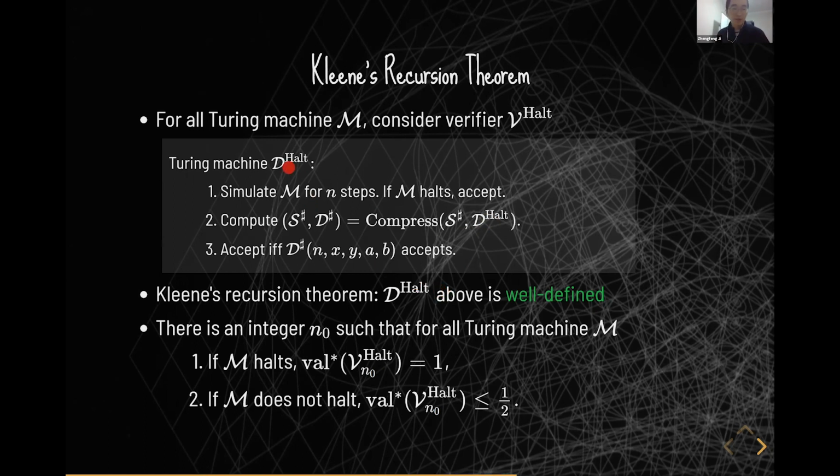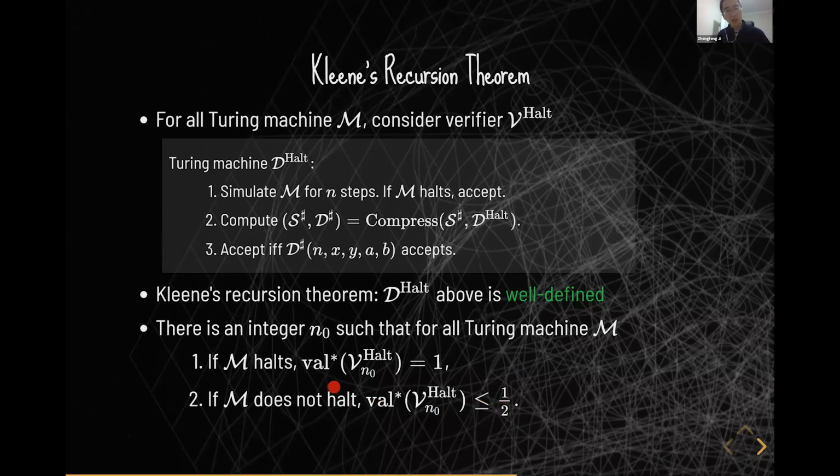Meaning that this definition is well defined, and then you can show that there will be an integer n naught, such that for all Turing machines M, the game V halt on this index n naught has value 1 if M halts. Otherwise, if M doesn't halt, the value will be small.